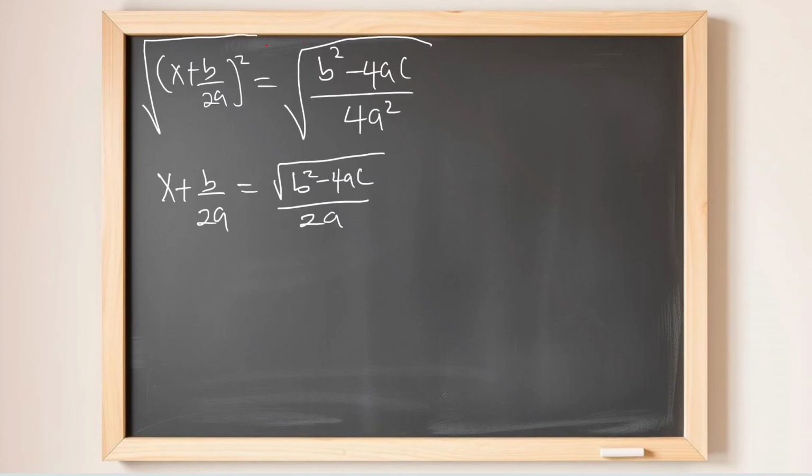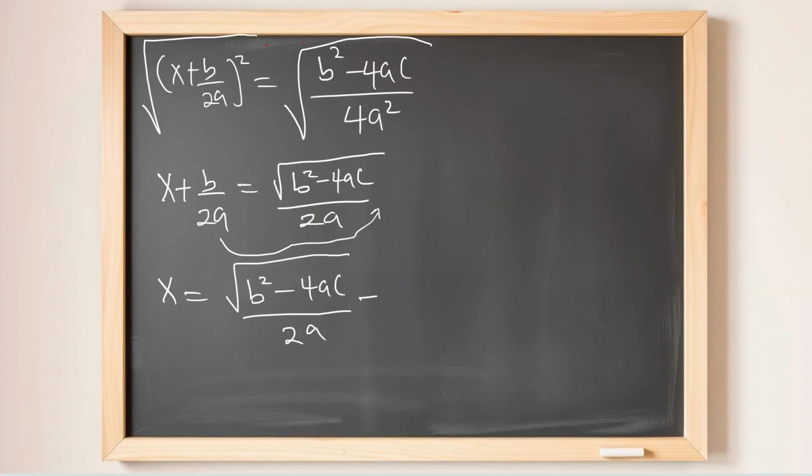Now, the next thing to do is to move b over 2a to the other side. So here, I will be having x equals the square root of b squared minus 4ac over 2a minus b over 2a.